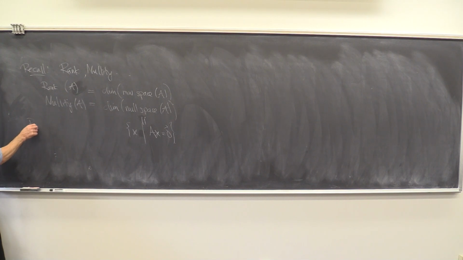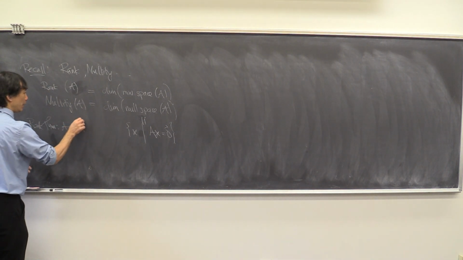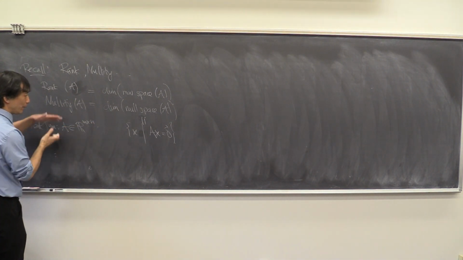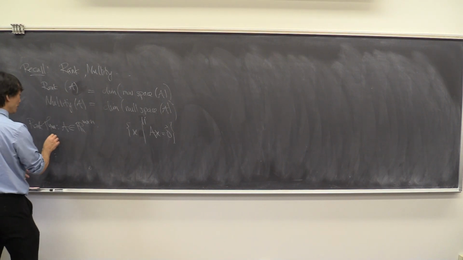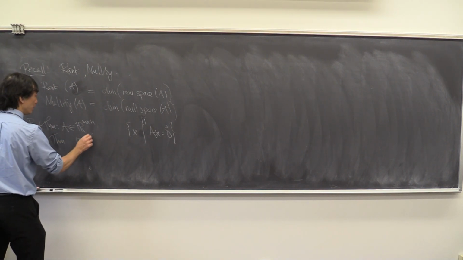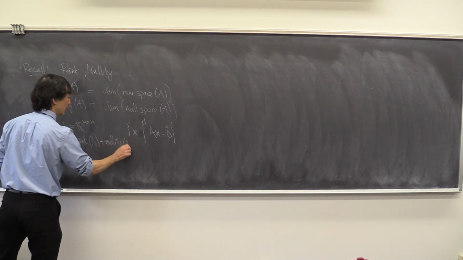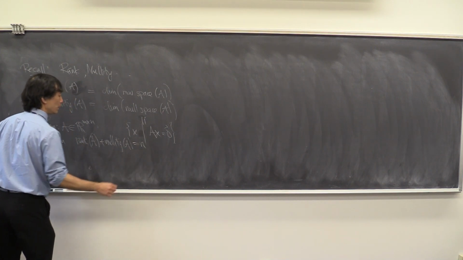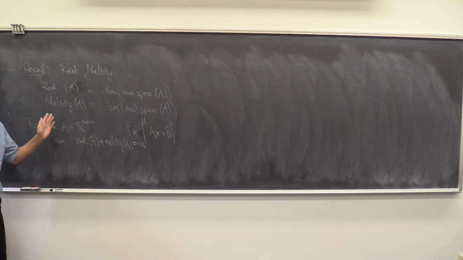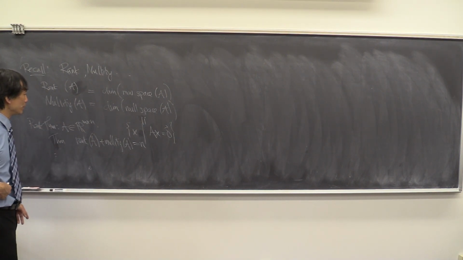Okay, and then we ended with the rank theorem, which says that if you have an M by N matrix, M rows and N columns, then it's always true that the rank of A plus the nullity of A equals the number of columns, which is the number of variables in the corresponding system of equations.